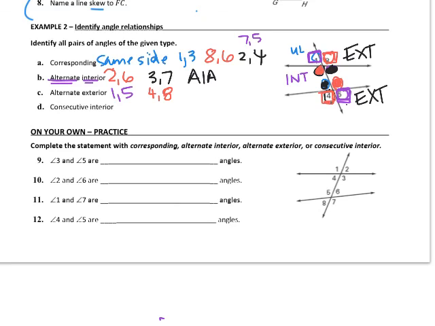Okay, consecutive interior. Again, interior angles are inside these lines that, they look parallel, but they're not quite parallel, so they didn't put the arrows on them. But interior means they're between those lines. And I don't remember what the numbers were because I got them covered up, but I think 2 and 3, this is 2, this is 3.